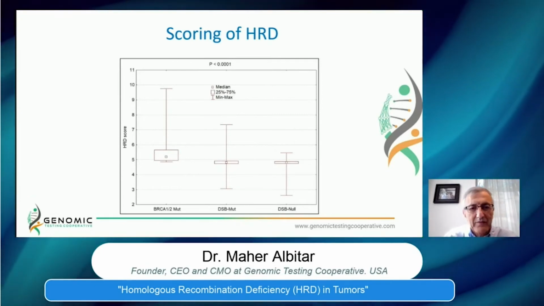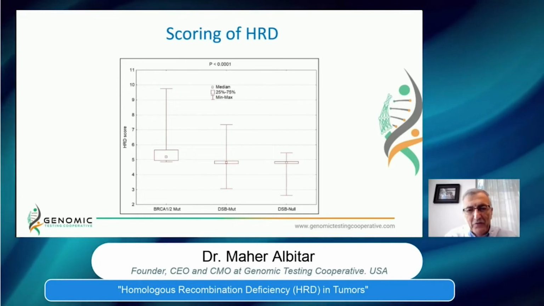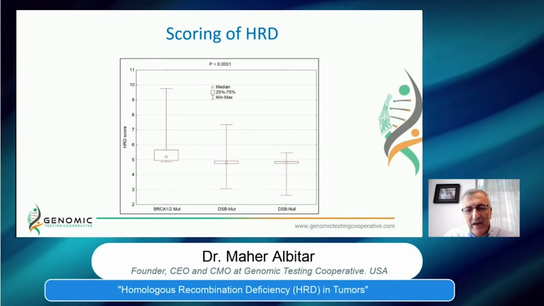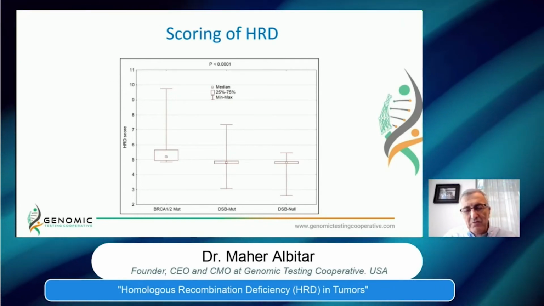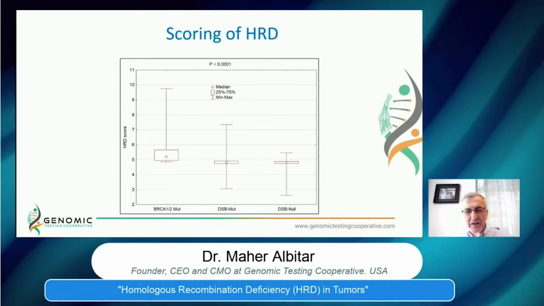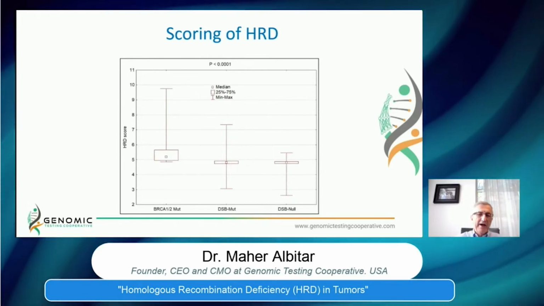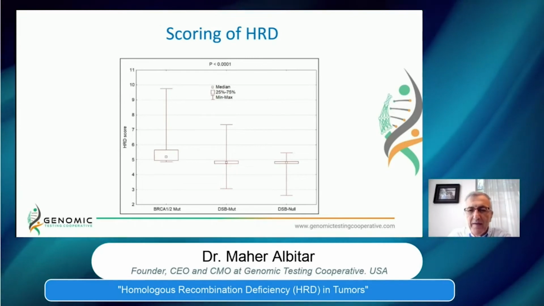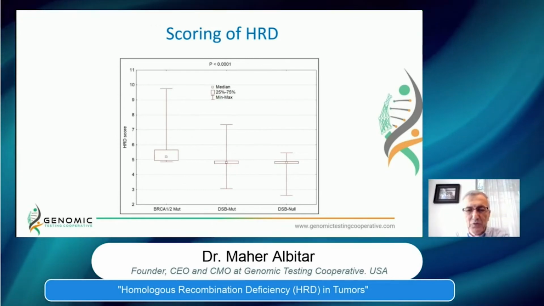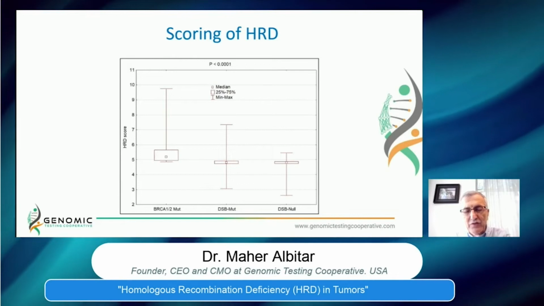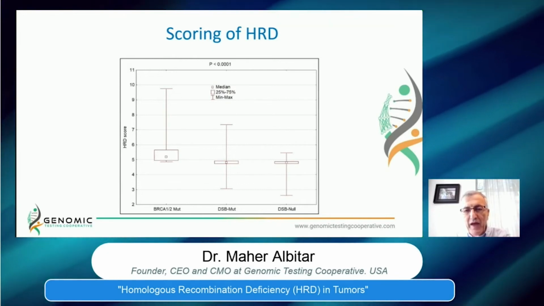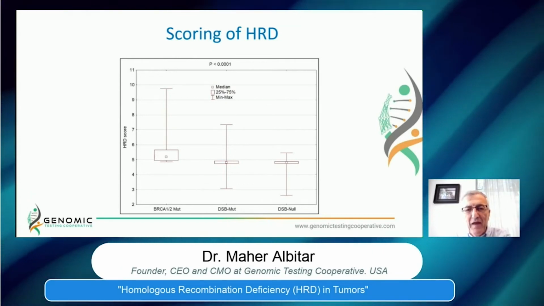But sometimes if we have mutations in other double-strand break repair genes like ATM or RAD50 or RAD51 or PALB2, the scoring for the algorithm might be different.